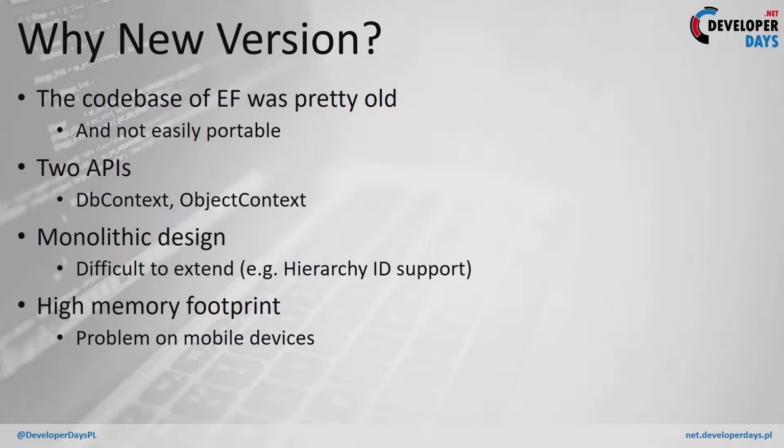Also, there is quite a mess, because there are two APIs for querying the database. There is ObjectContext. If you remember the first version of Entity Framework and those designers, those EDMX models, then it's the ObjectContext API. It's quite old, and it's still present in EF6, even if you use DbContext, the API is still there.